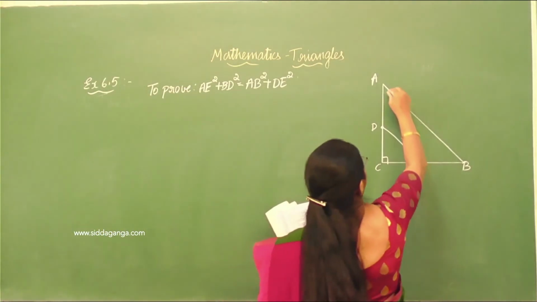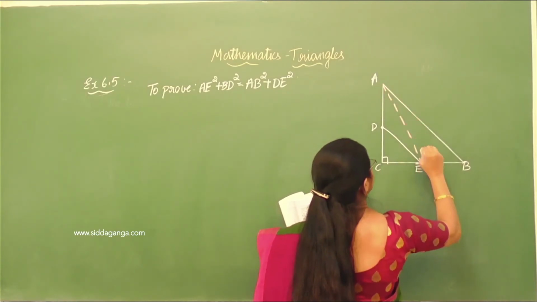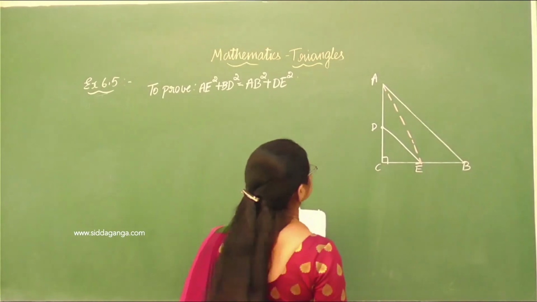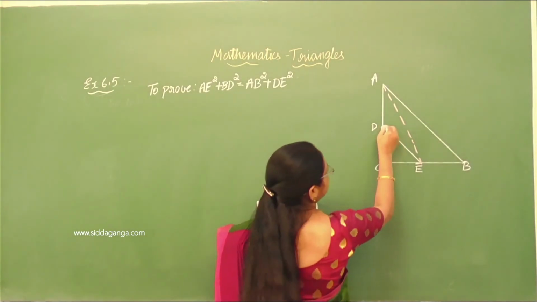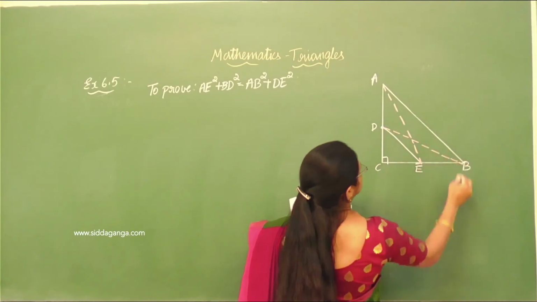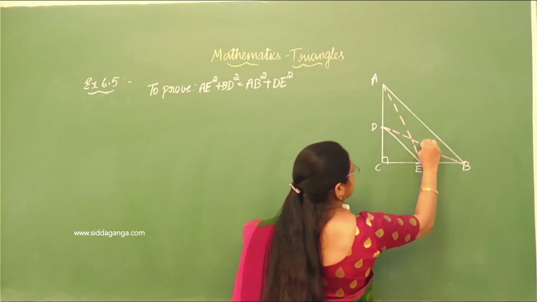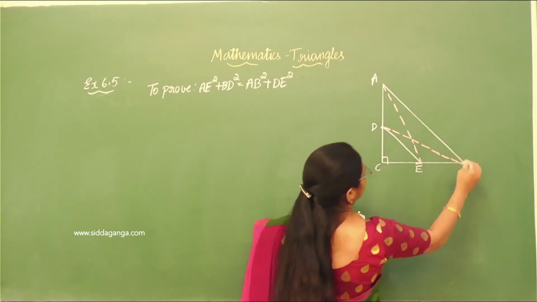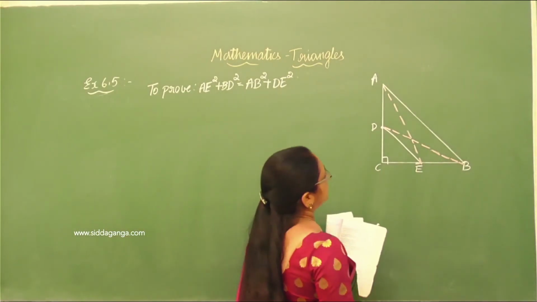So to join this AE square and BD square, BD square is here. We will come to know by the question that these two lines, AE and BD, should be joined.